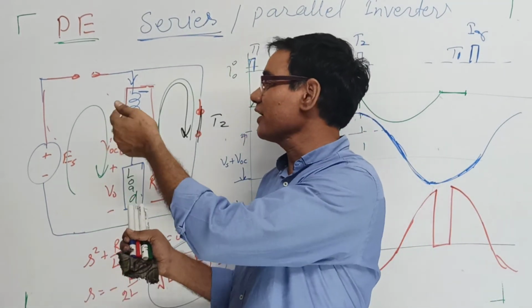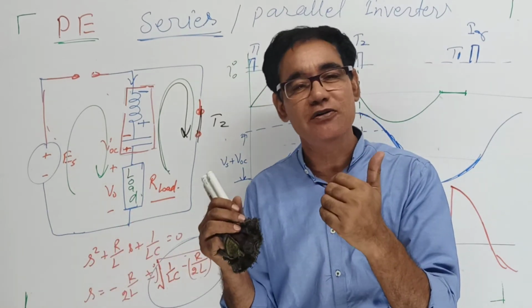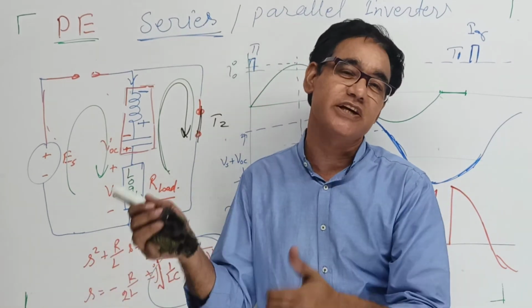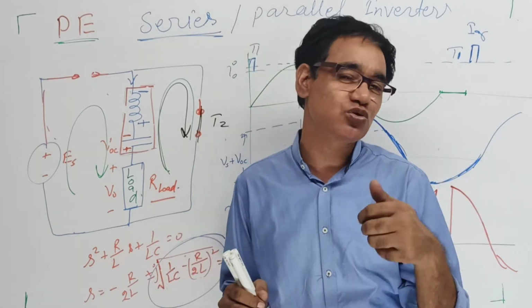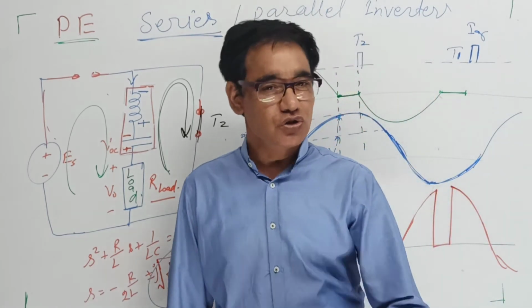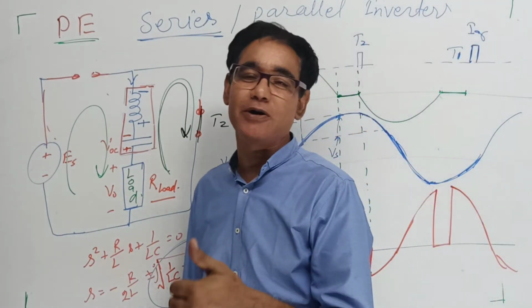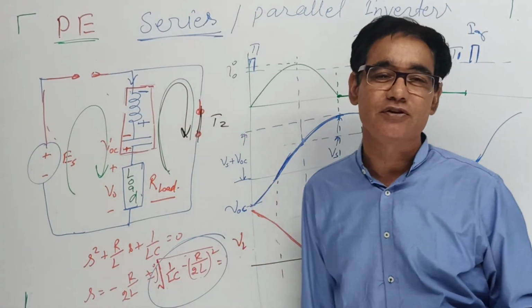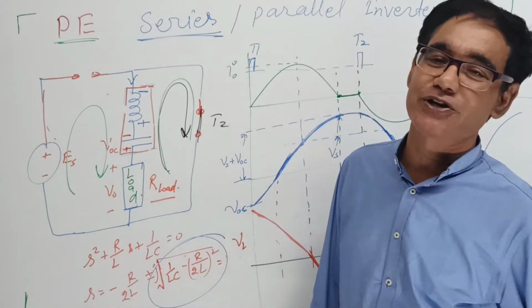So in the first cycle there is twice the power flow: one is the power that the load uses, and second is the stored power. In the second half of the cycle, that stored power is supplied to the load. So in the power stroke, twice the power flows from the source side, and it produces input harmonics also.